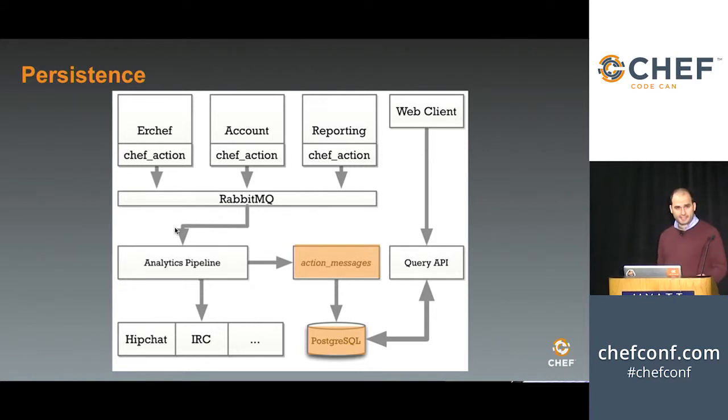Finally, the last stage of our event processing pipeline is persistence. One of the things I've learned working on analytics problems my entire professional career is that big data is often never big. I've worked in finance, I've worked in medicine.